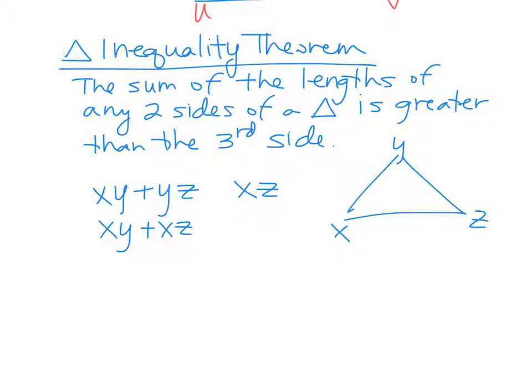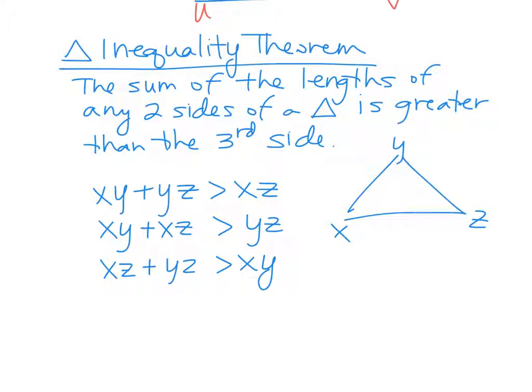My apologies. XY plus XZ has to be greater than YZ, and it has to be true that XZ plus YZ has to be greater than XY. So if I take any two sides and add them together, it will always be bigger than the third.